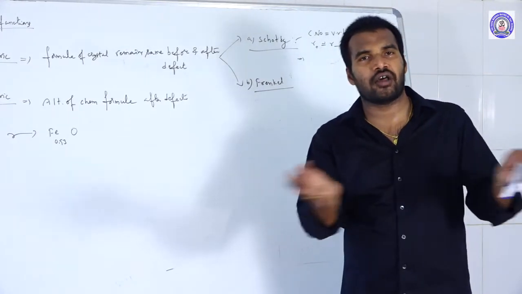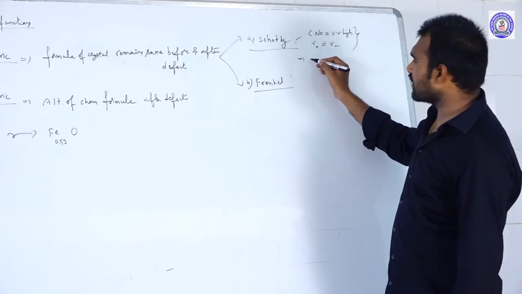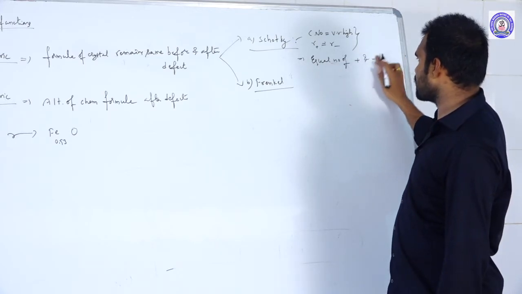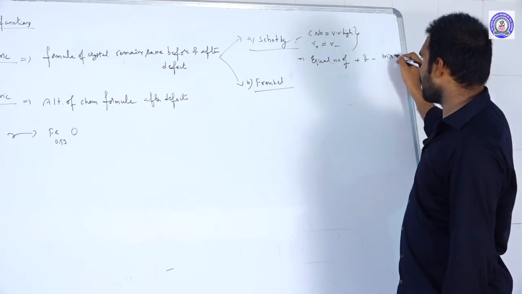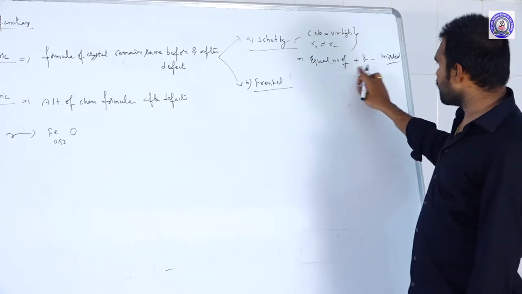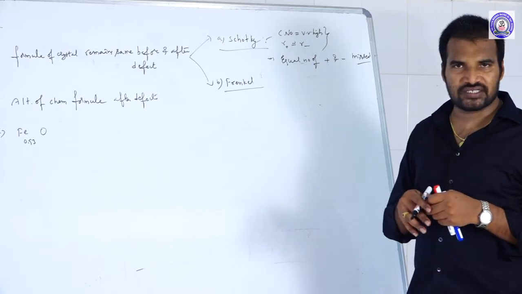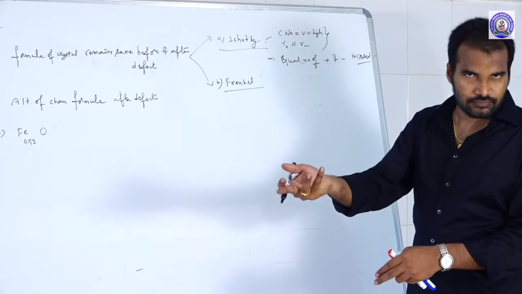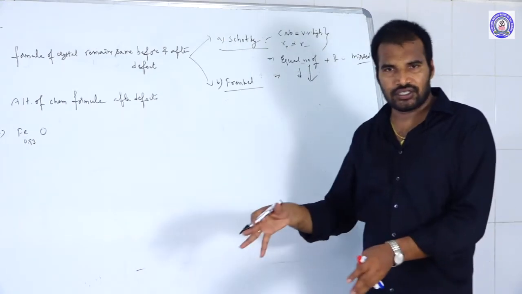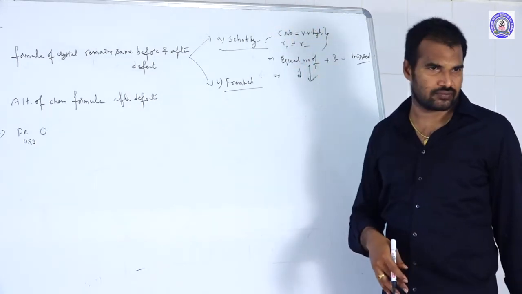So after the defects the formula remains the same. Because an equal number of cations and anions are missing, the density of the crystal after the defects decreases. Why? Because some number of cations and anions are completely missing.